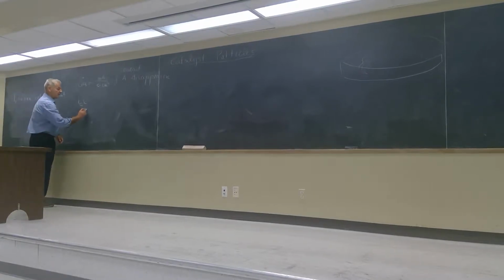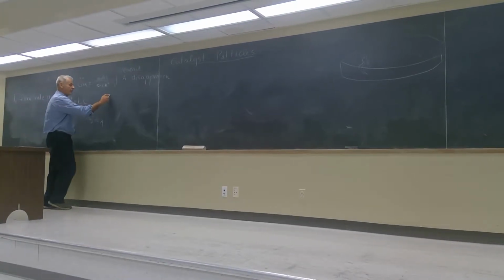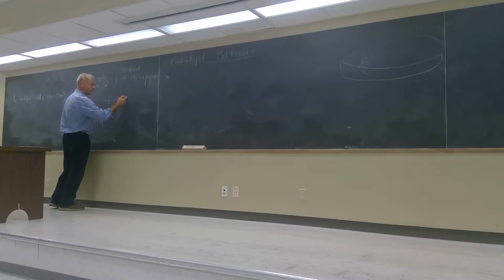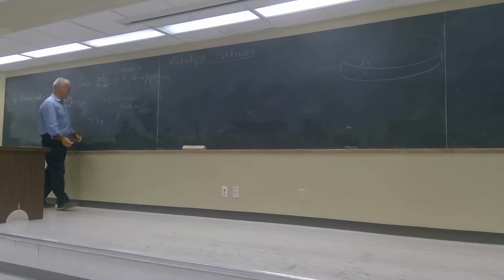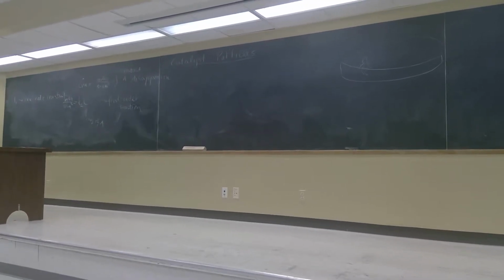In other words, if C is the molar concentration of A, we say that the moles per second per cubic centimeter equals K1 times C to the first power. And we call this a first order reaction. If it was to the 1/2, then it would be a square root order reaction. If it was the second power, it would be second order reaction, and so on and so forth.